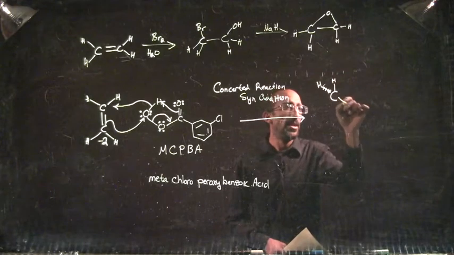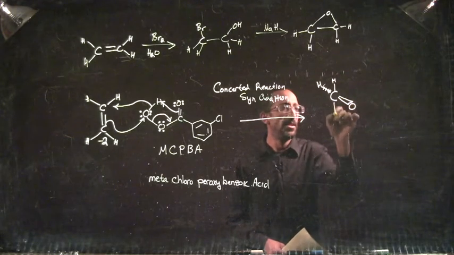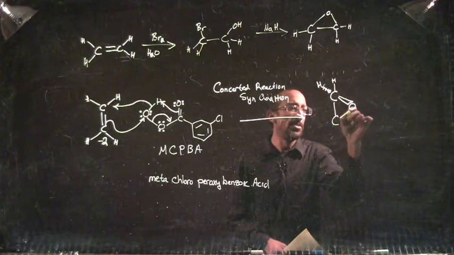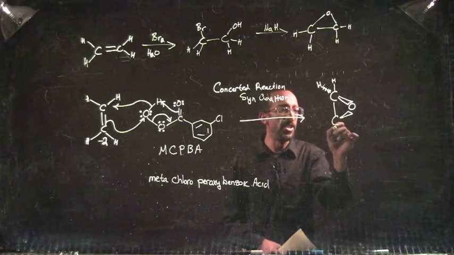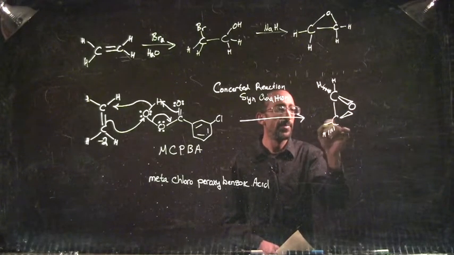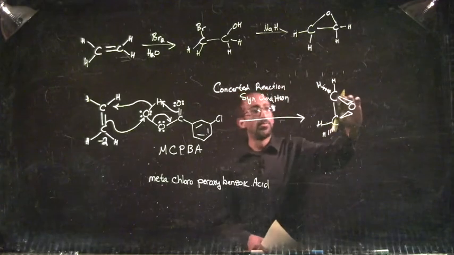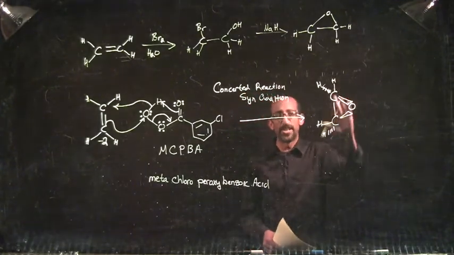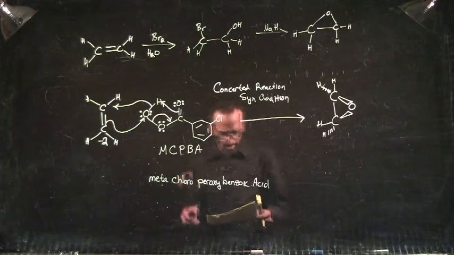At the end of this process, if we track our arrows, our epoxide is formed, and we have a syn addition, right? Both of those carbon-oxygen bonds have to be on the same face, on the same side.